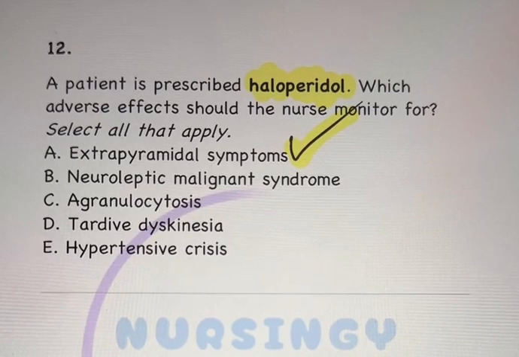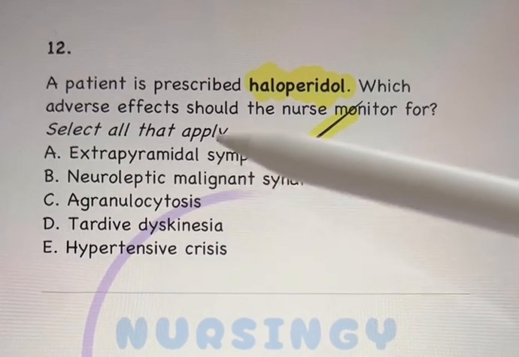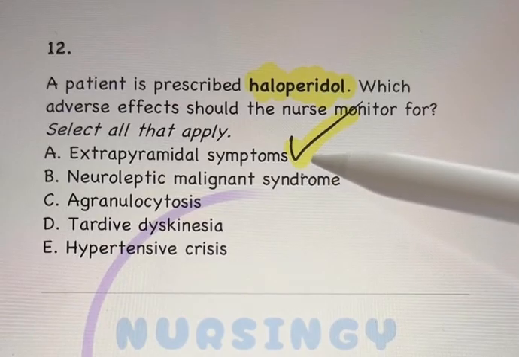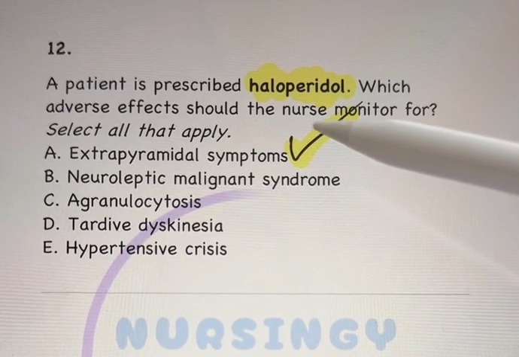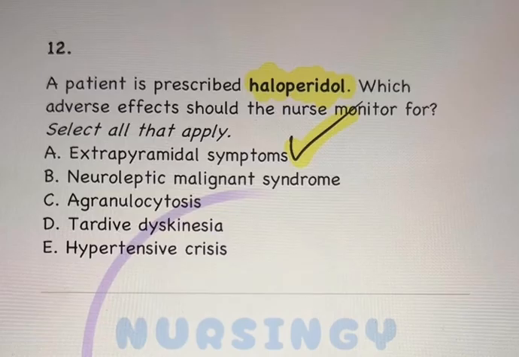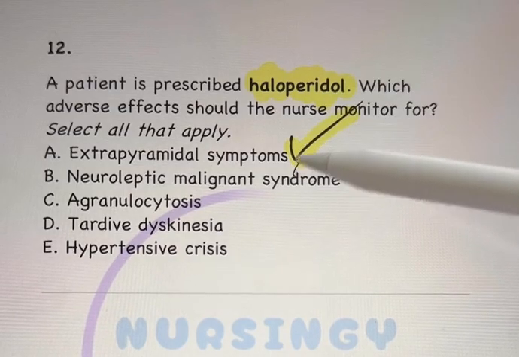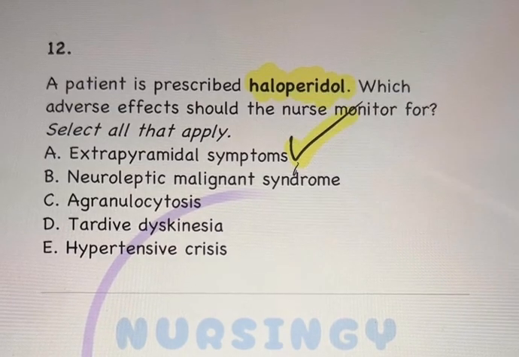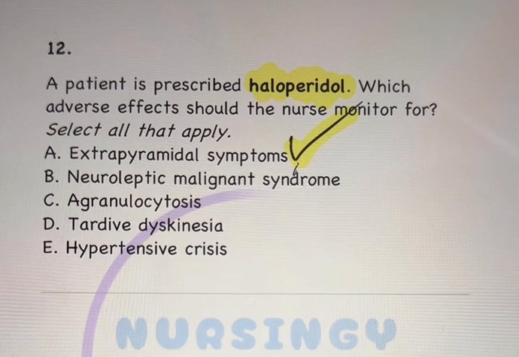Alrighty. Can we have neuroleptic malignant syndrome? Yes. The reason behind this is that D2 receptors are everywhere, guys.